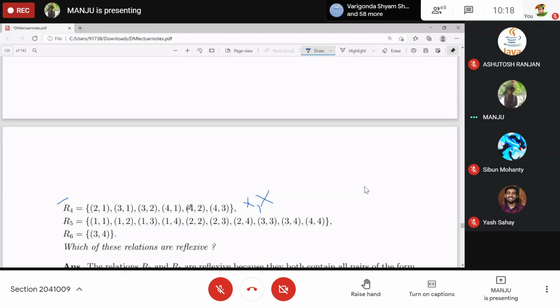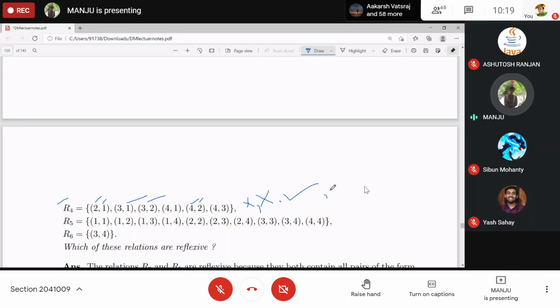Now 4 2, 2 1, and 4 1 is present, right? And here 4 3, it is 4 1 as well as 4 2. So this is transitive.